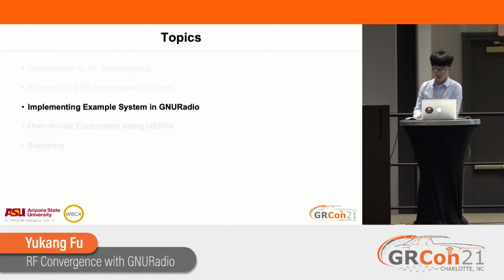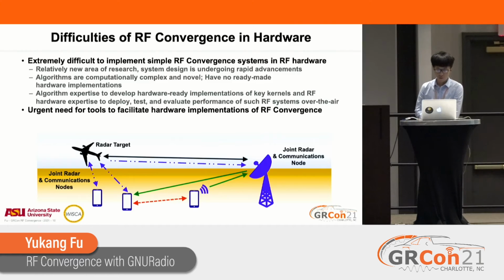And here we'll show how we implement the system in GNURadio. Here is an illustration showing the complexity of an RF convergence system. It is extremely difficult to implement a simple RF convergence system in RF hardware because it is a relatively new area of research, and the system design is undergoing rapid advancement.